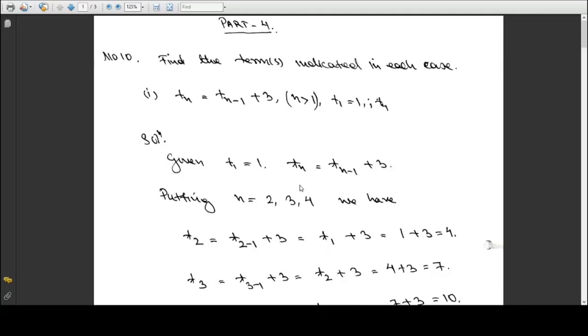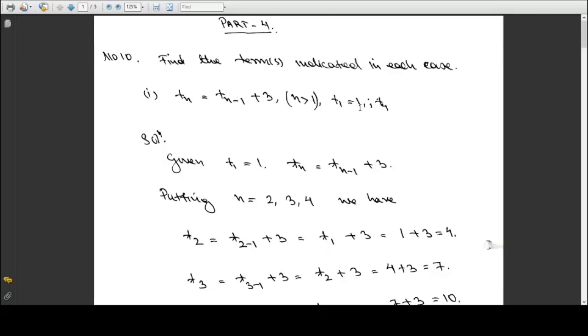Now we cannot directly find T4, because if we put n equal to 4, we get T4 minus 1, which is T3. Do we have any T3 here? T3 is not given. That means you have to find it out first. We know that there is a first term.